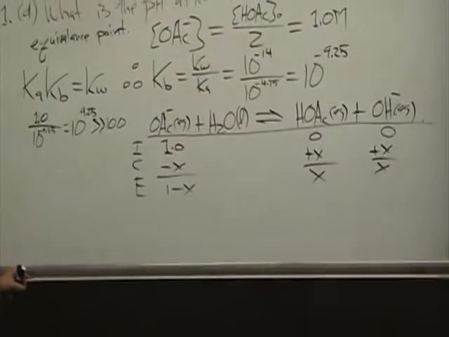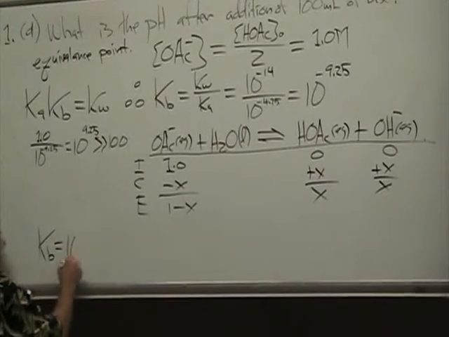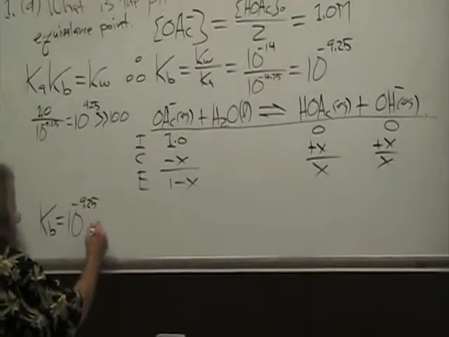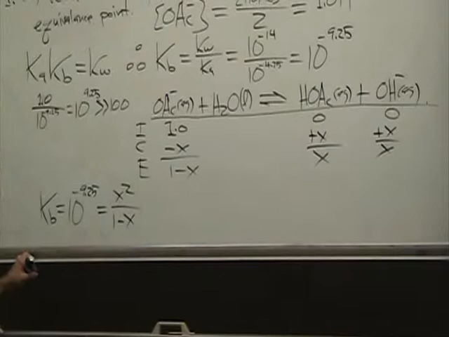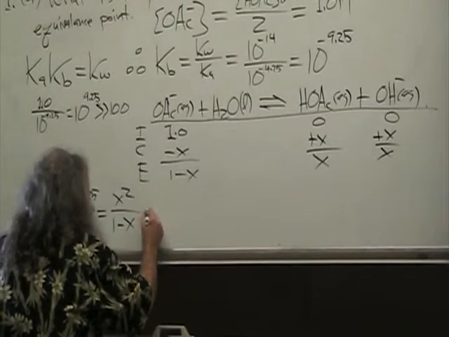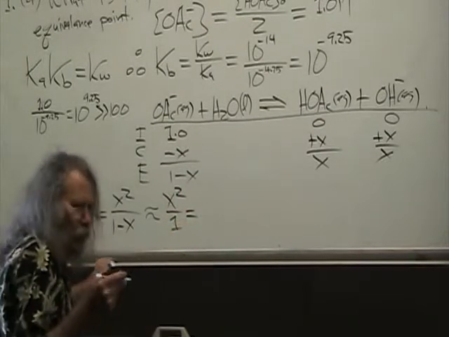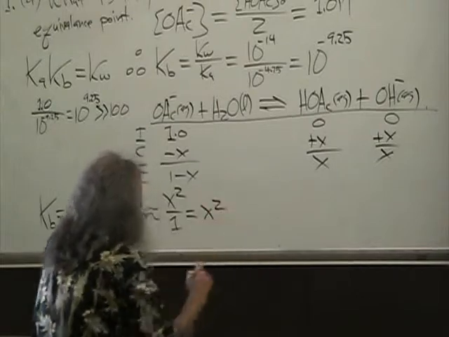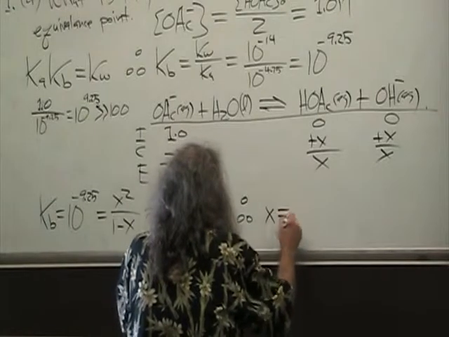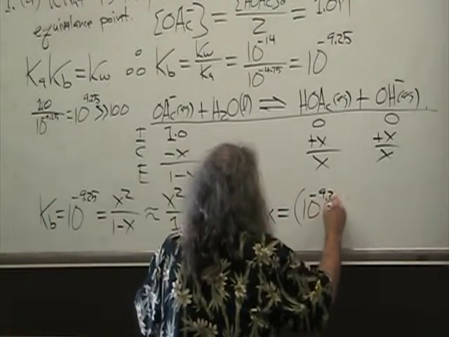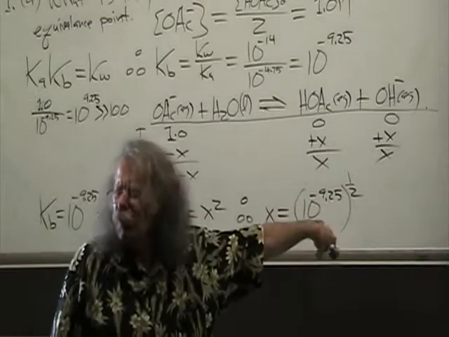So we've got that expression, and now Kb is equal to 10 to the minus 9.25 is equal to x squared over 1 minus x. And what does the approximation give us? x squared over 1, which happens to be equal to x squared. And therefore x is going to be equal to 10 to the minus 9.25 to the 1/2 power. Okay, and what do the rules of exponents have me do?